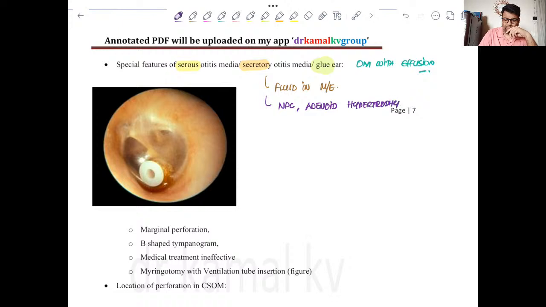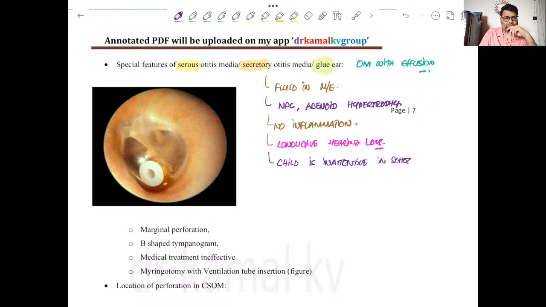Clear? And here there is no inflammation as such as we see in ASOM, and there will be conductive hearing loss. Clear? So there is conductive hearing loss, and that's why the teacher will complain that the child is inattentive in school, right? But the reality is that the child is having deafness.